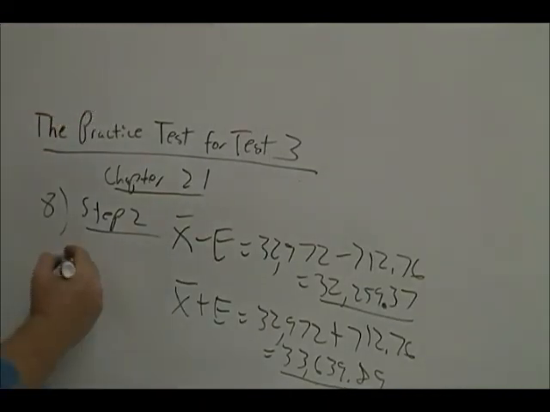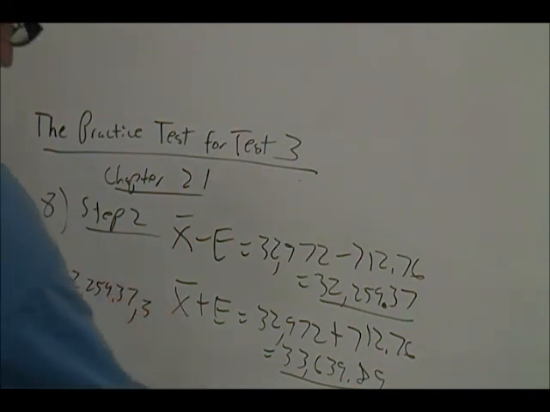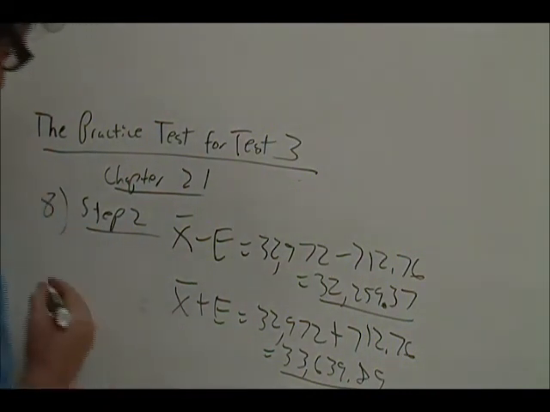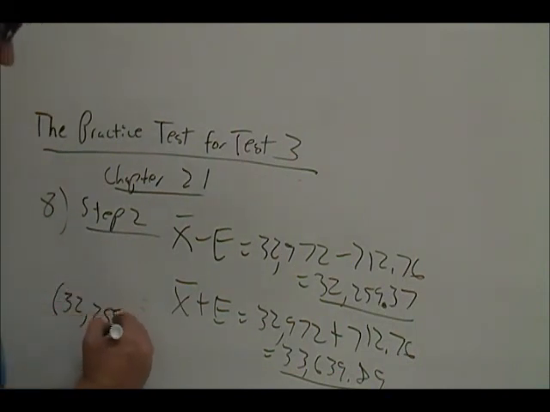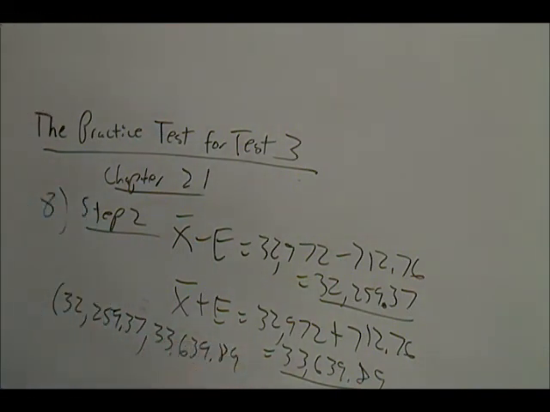So our interval actually goes from $32,259.37 to $33,639.89. So that's the confidence interval.